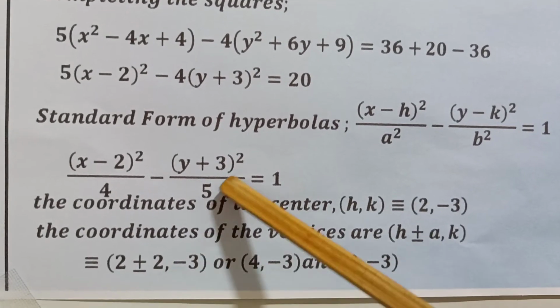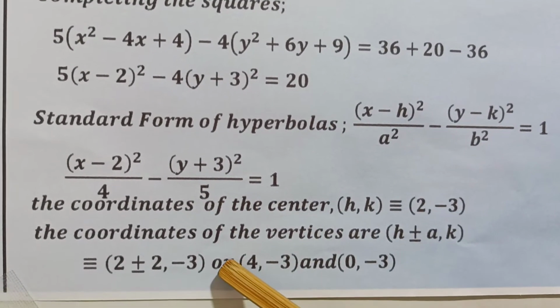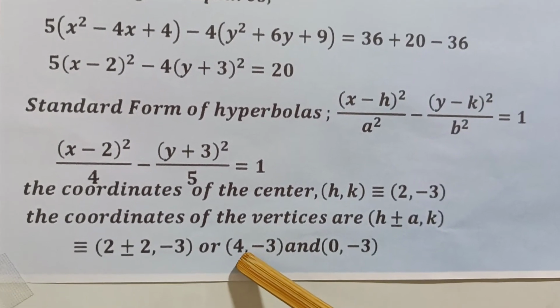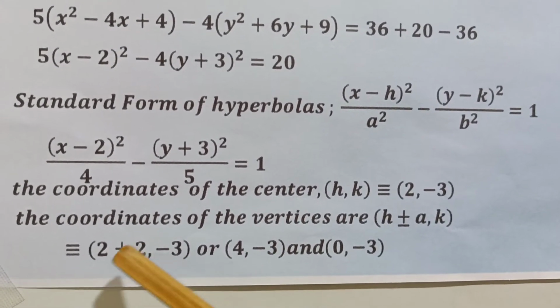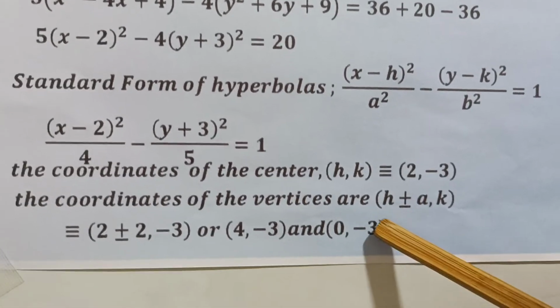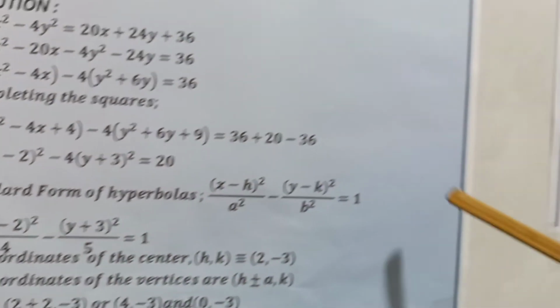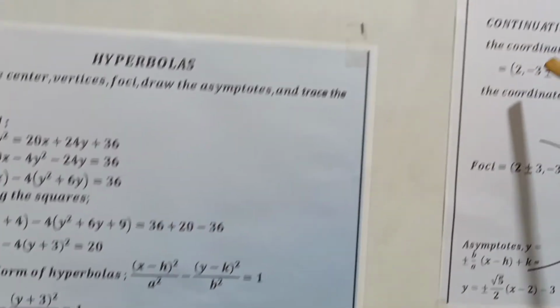The value of k is negative 3. So 2 plus 2 is 4, negative 3, and 2 minus 2 is 0, negative 3. So we're now ready to graph, but first we get the coordinates.